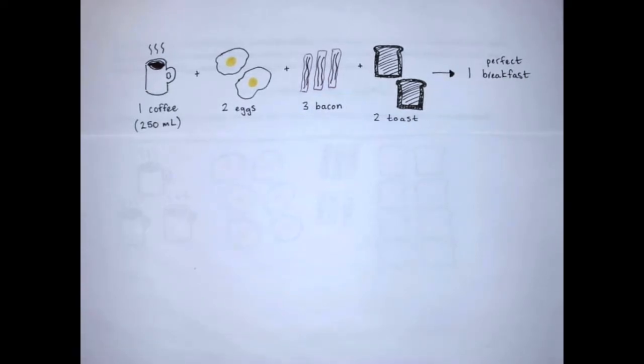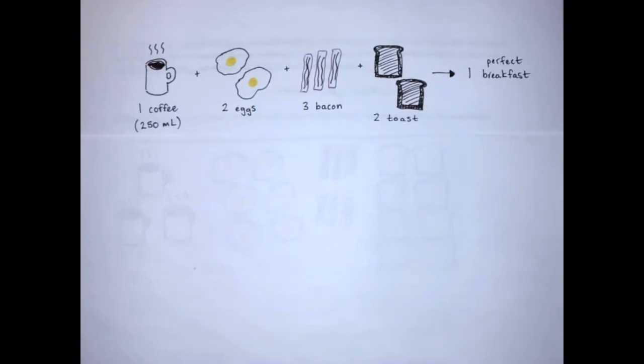And this ingredient that you run out of first, this ingredient that is consumed completely through the process of cooking your meal, is what we refer to in chemistry as the limiting reactant. It's also called the limiting reagent. Reactant and reagent can mean the same thing.